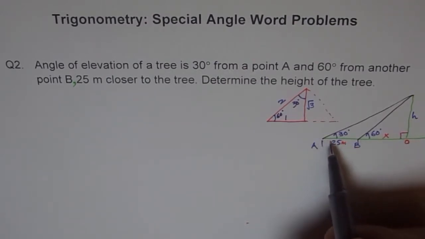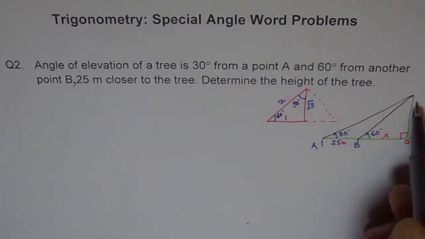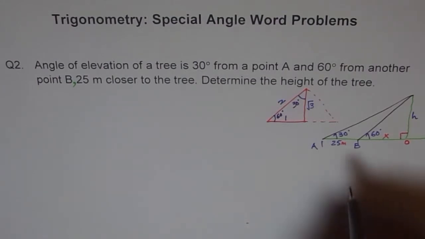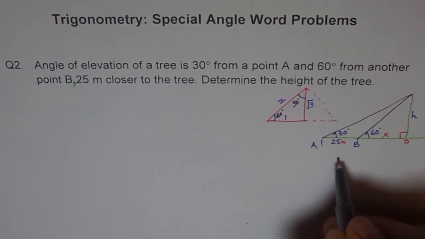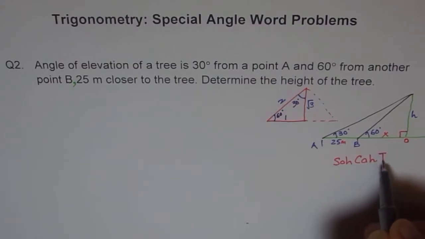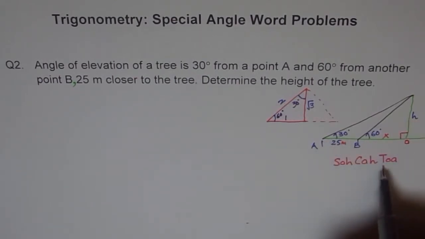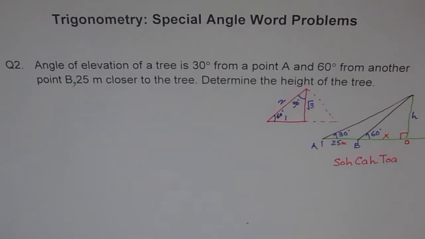Because we are trying to relate this, which we'll call our base, and that which we'll call our opposite side. And I hope you remember SOHCAHTOA, right? Sine is opposite over hypotenuse, cos is adjacent over hypotenuse, and tan is opposite over adjacent. So since this is opposite to these angles given, and this is adjacent, we will use tan, correct? So that makes sense, right?